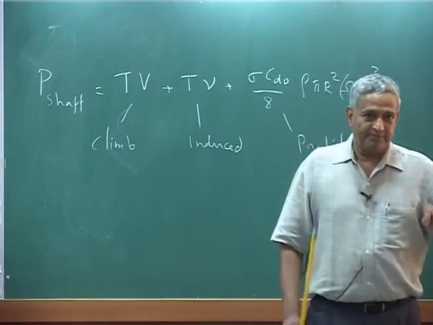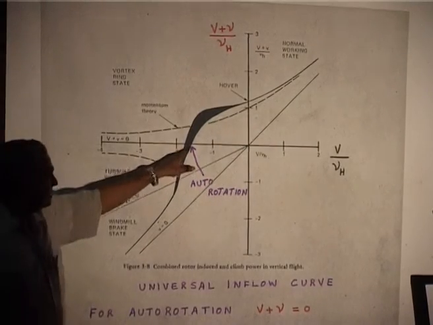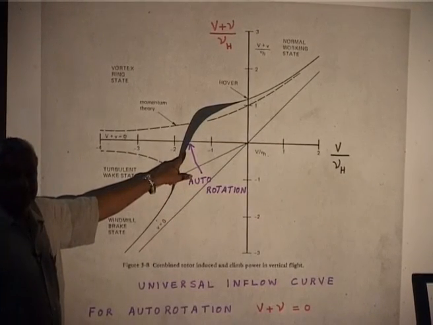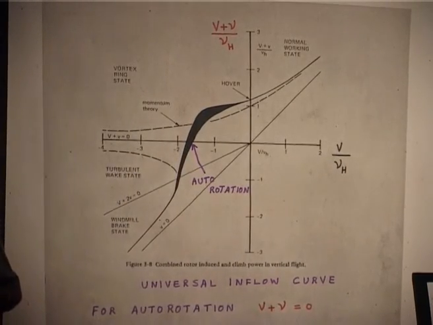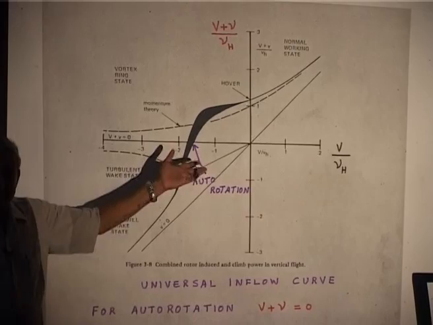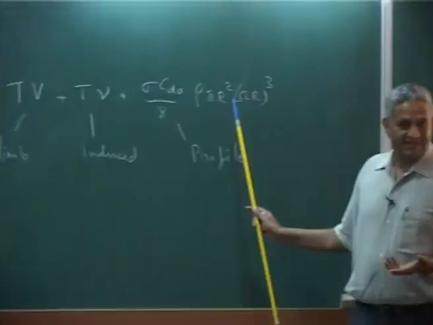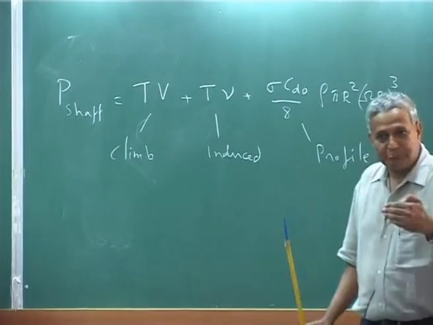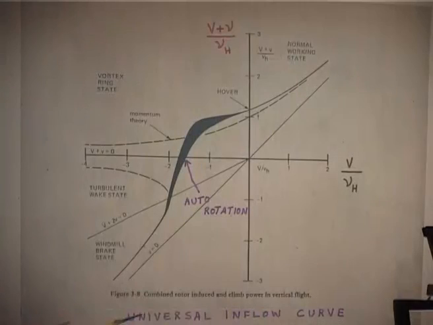In real life, it may not happen at V plus nu 0, it will happen a little lower, because even if you include this, V plus nu is not 0, V plus nu is equal to this quantity, you understand. That is why auto rotation happens at a descent velocity slightly greater than the one that meets the V plus nu line, this 0 value.